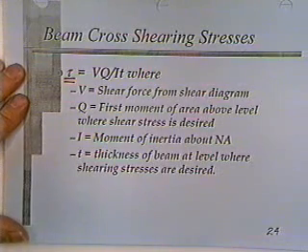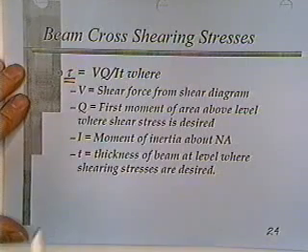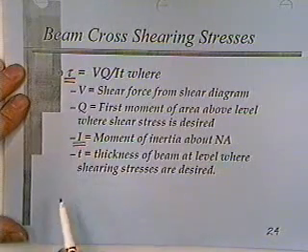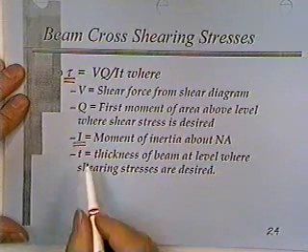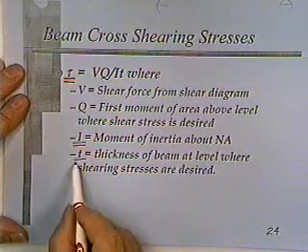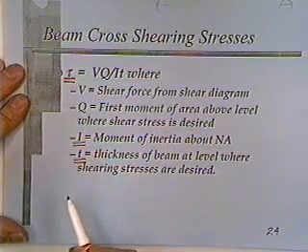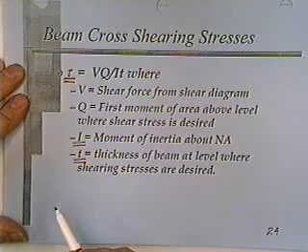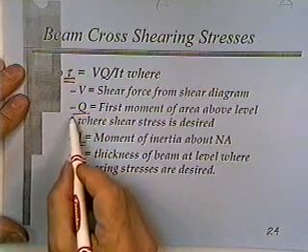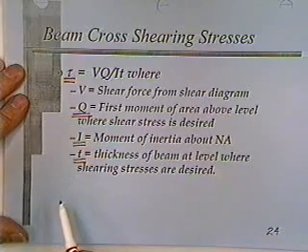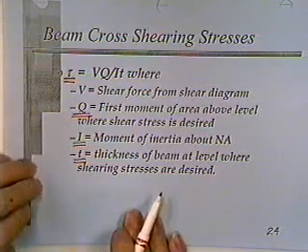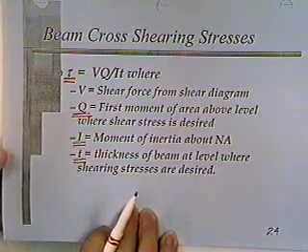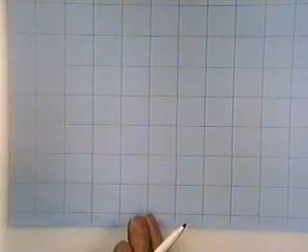V is simply off of your shear diagram. You already worked your head off getting that number. I is the moment of inertia of the beam. If it's a steel shape, you dig it out of the tables. T is how thick is the beam where your boss has asked you for the answer. And Q is the first moment of area above that point. Now, it's easy to calculate them, but it takes a little description here.